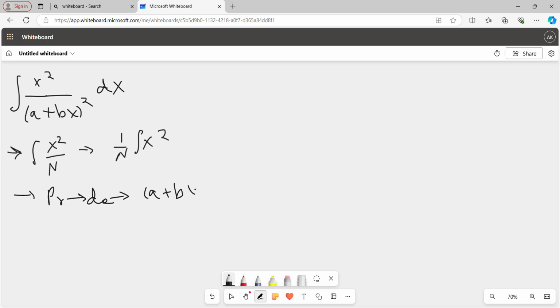So let us do something via the rule of substitution. Let us put a plus bx as a term t, just for the sake of it, and write this whole integral in terms of t.